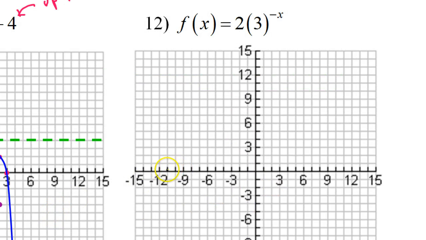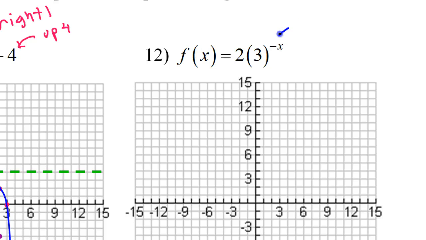So number 12. We want to start with the parent function, but before we can even really start with the parent function, we need to deal with the fact that I've got this negative x on there. Now, hear me carefully when I say this. As far as transformations go, this -1, you can consider it to be a reflection over the y-axis.